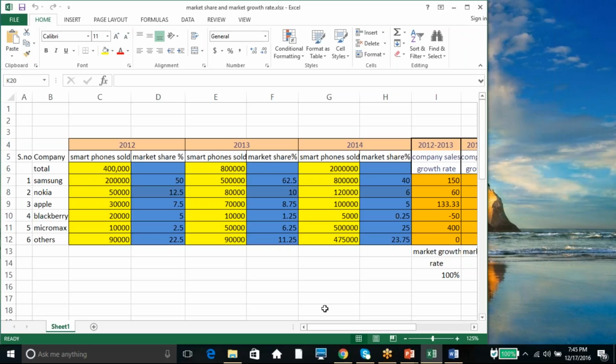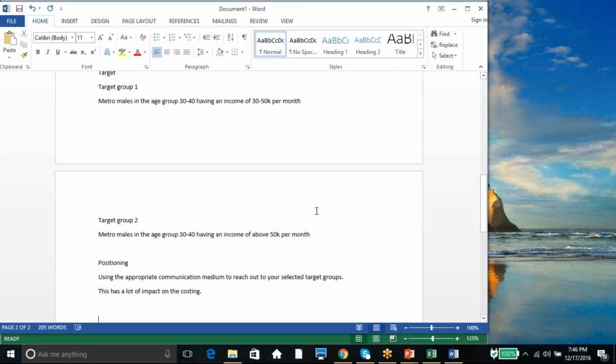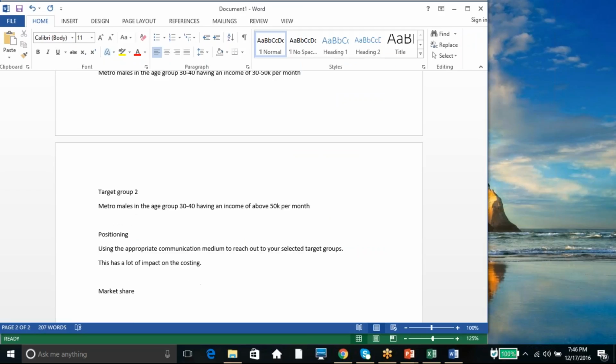Now, the first thing is, what is market share? Can you all tell me market share? That's fairly simple. What is market share? How much of the total market we hold?